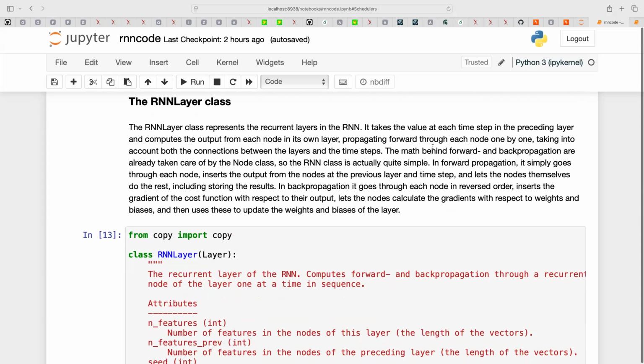It takes the value at each time step in the preceding layer and computes the output from each node in its own layer. It propagates forward for each node one by one. And then it also does the backward propagation. It goes through each node in reverse order, inserts the gradients of the cost function with respect to their output, and lets the nodes calculate the gradients with respect to weights and biases, and then uses these to update the weights and the biases.